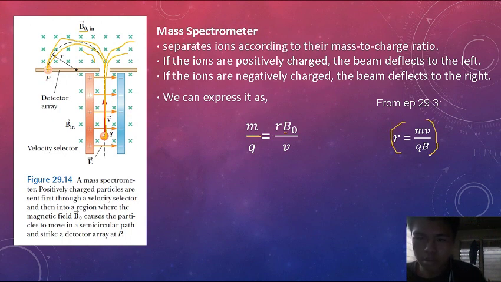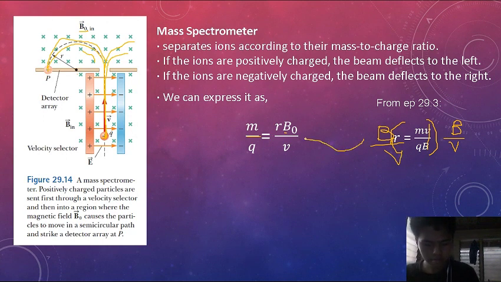So you can multiply the magnetic field B divided by velocity, and it cancels. Putting the magnetic field here, we can call it B sub 0, the magnetic field B sub 0 according to the figure, and the velocity, we will have mass over charge equals R B sub 0 over velocity.